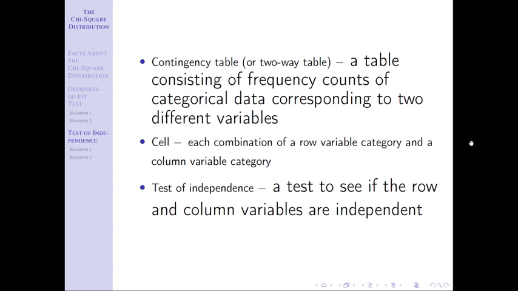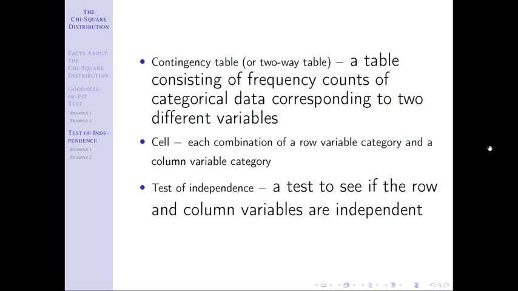That is very key because we're going to do some tests of independence in the next set of videos, but the variables will be quantitative, not qualitative. So again, understanding what you're working with sounds like a boring detail, but it's very important to picking the right type of problem. Okay, we're seeing if the row and column variables are independent. Again, the row and column variables are counts of qualitative data. Very, very key point that you have to make sure you understand.